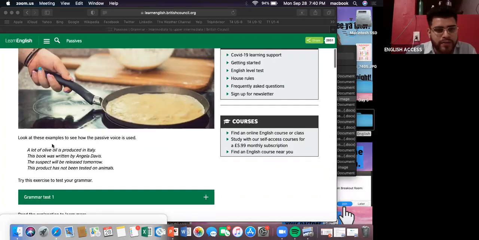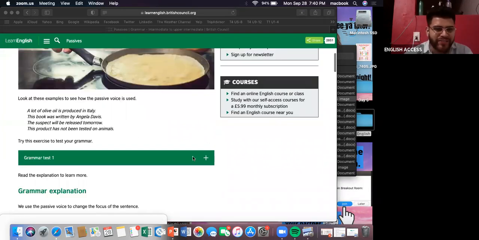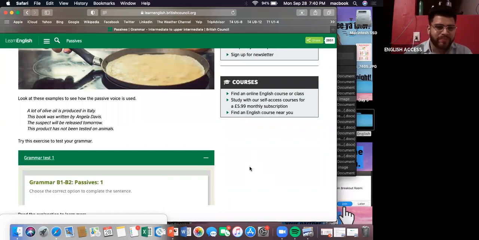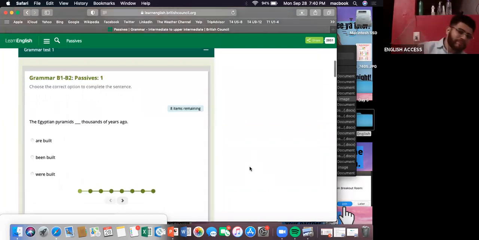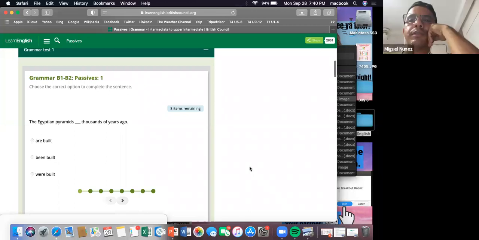Now, let's look at these examples to see how the passive voice is used. No, I don't want to look at that. Let's just go to the test. You already saw this. Miguel, can you do the first one, please?